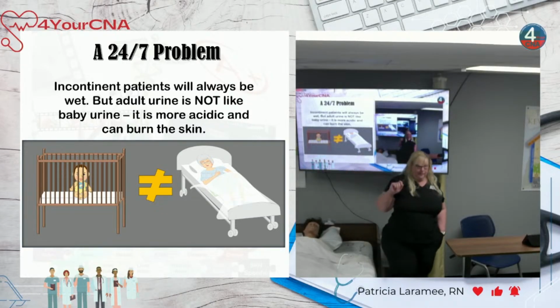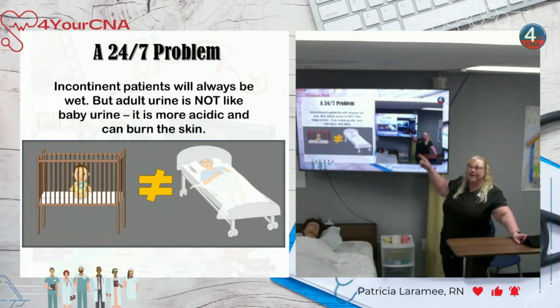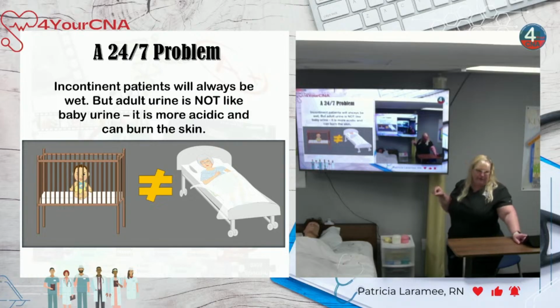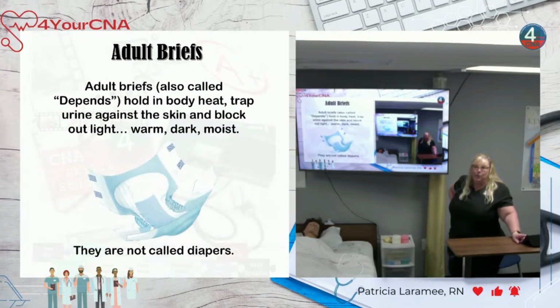Rashes, infections, all kinds of issues. So we can't leave an adult in an adult brief for a long time. So that means that we're waking them up every 2 hours around the clock. They don't have a choice. That's right, to clean that skin and change them into something dry.